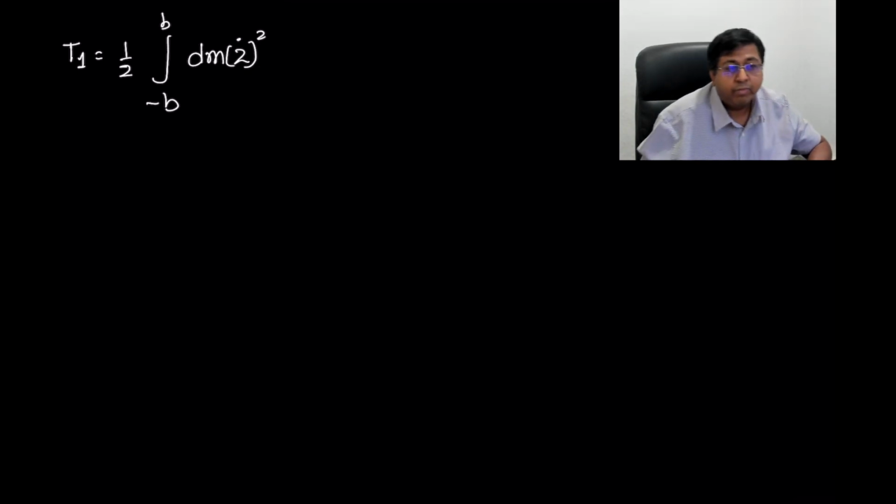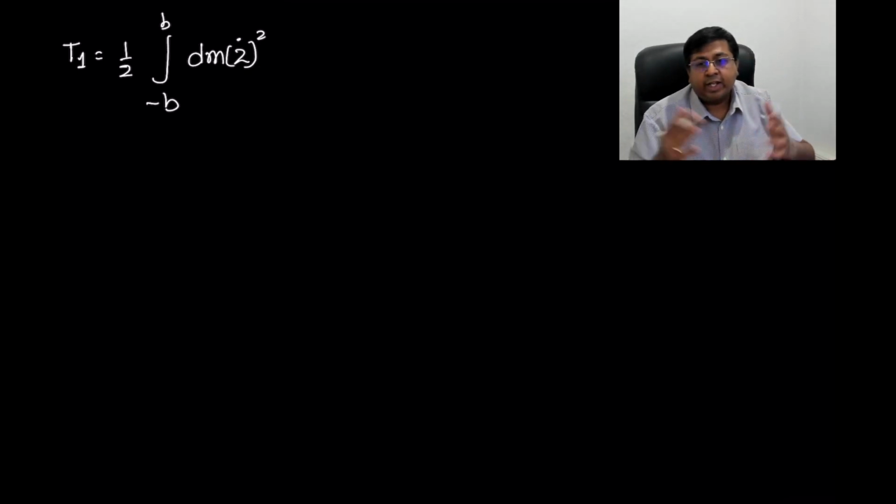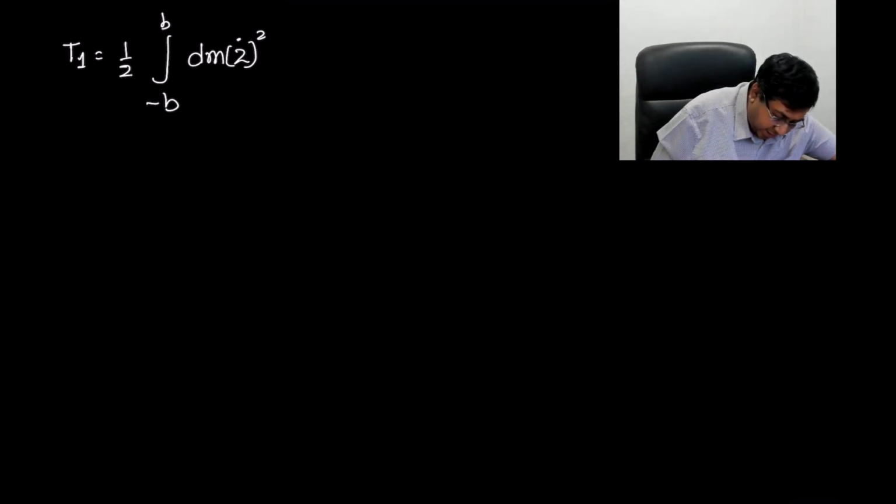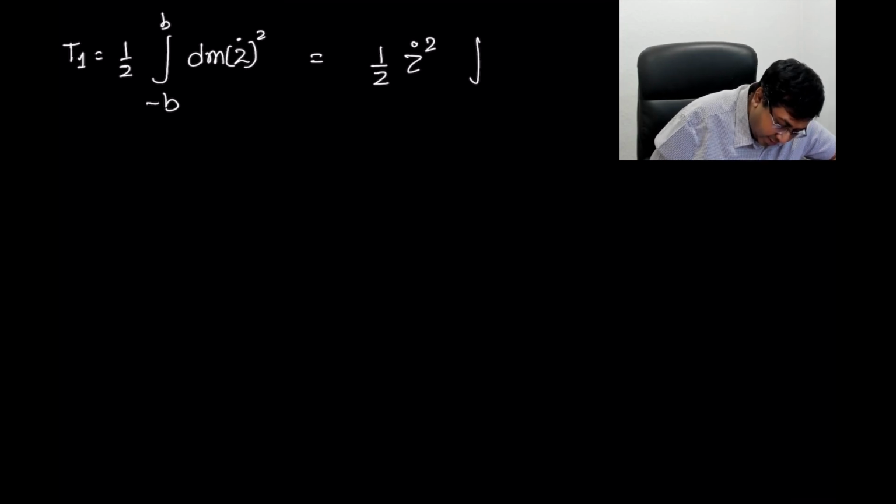So our term T1 we said is nothing but minus b to plus b half dm into z dot square. Z dot is independent of the x coordinate because it's a heaving motion, the entire airfoil is moving up and down. So I can write this as half z dot square minus b to plus b of dm.